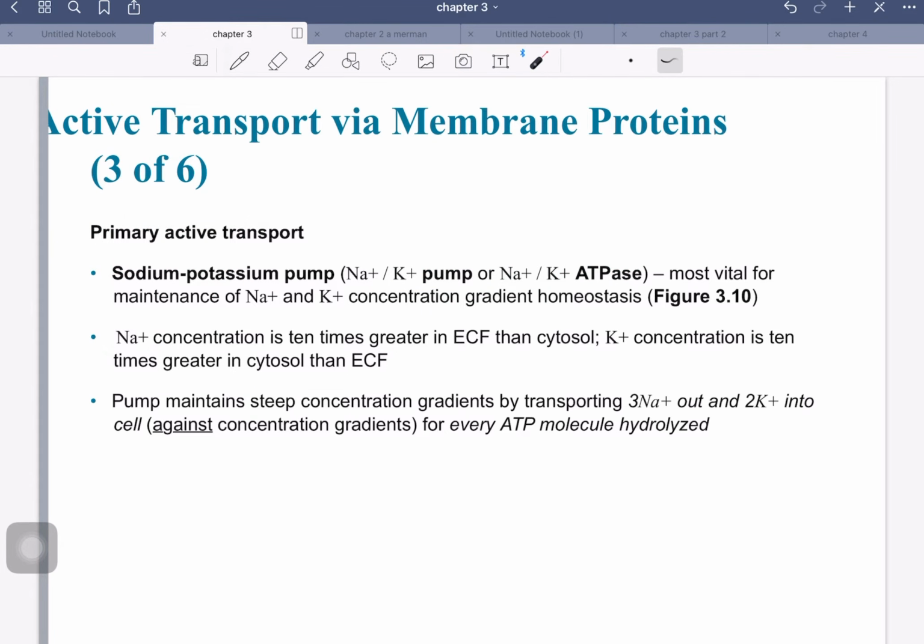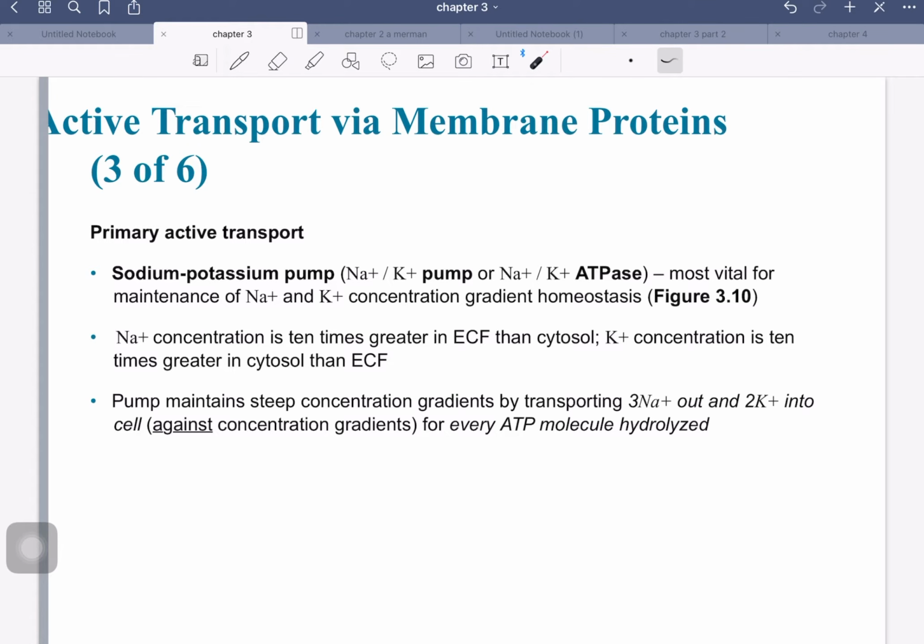This is not the only example, but it's probably the basic example in the body. So this is a pump, a protein that's going to use ATP to transport both sodium and potassium together. And of course, this is going to be very important when we start talking about neurons and action potentials and muscle cells, and setting up a charge difference between the inside and the outside of cell membranes.